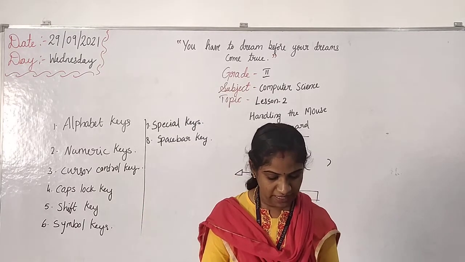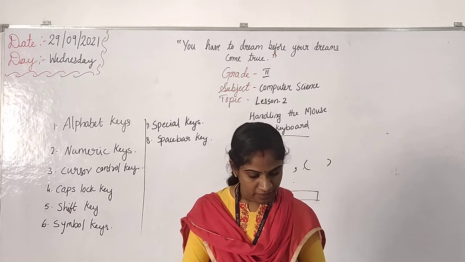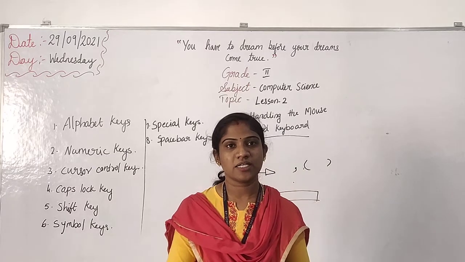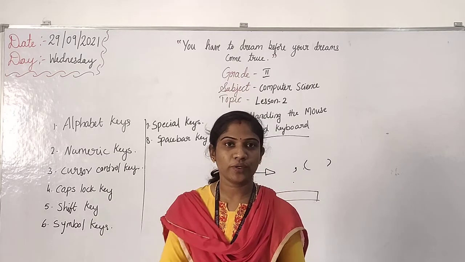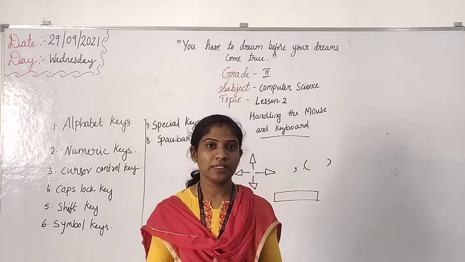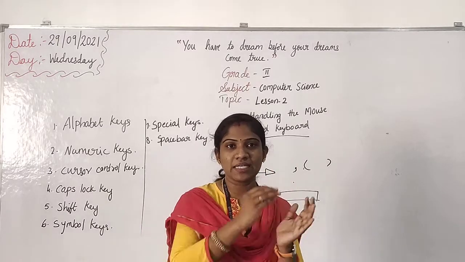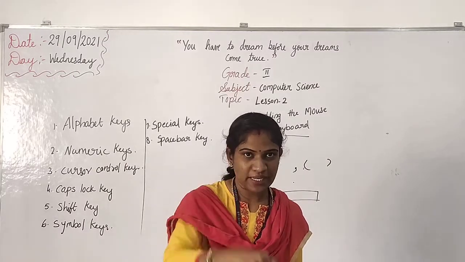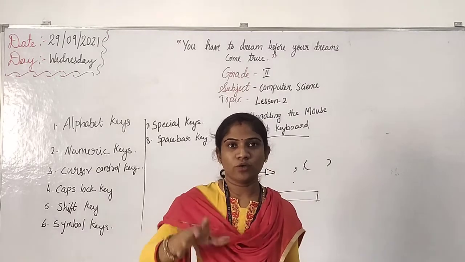When the space bar key is pressed, it types one space to the right. If you want to type a sentence, for example "My name is Gunasri", you press space after "my", after "name", like that.